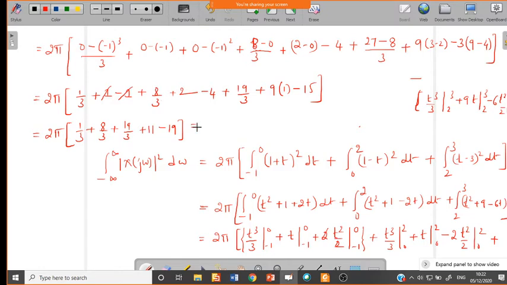So this will again give 2 pi into 1 by 3 plus 8 by 3 plus 19 by 3, and this we can write as minus 8.